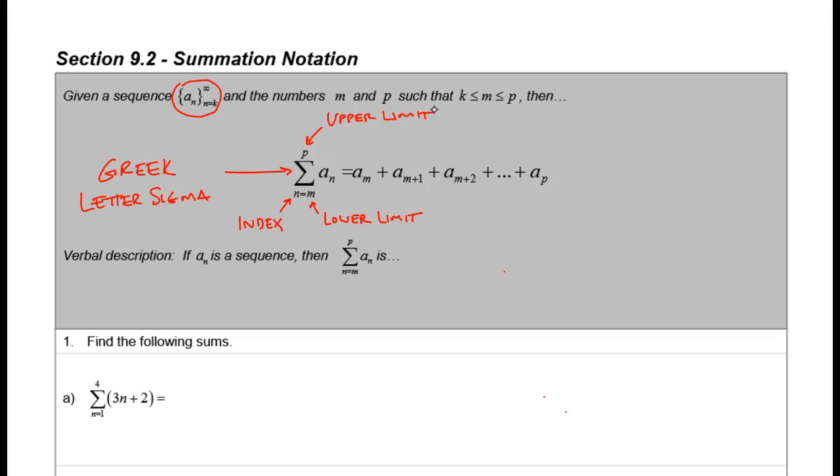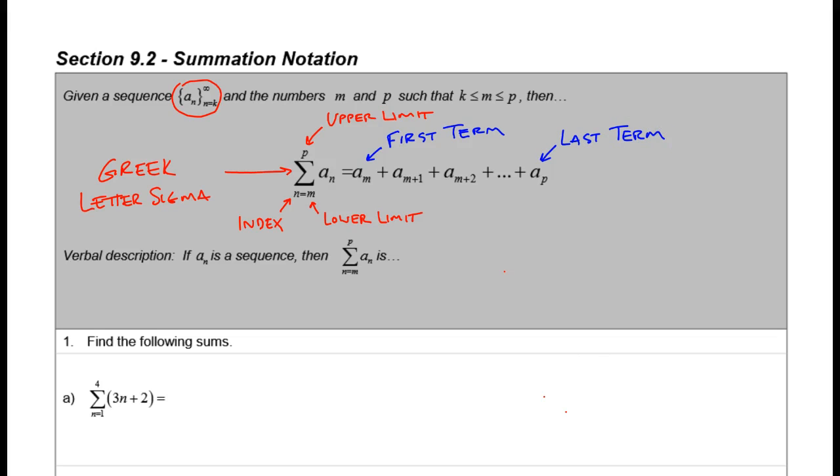And now let's talk about everything we got here on the right hand side of the equal sign. A sub m is our first term. A sub p is our last term.